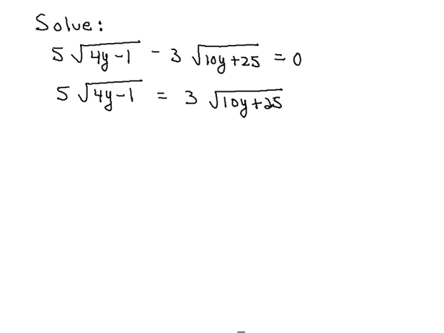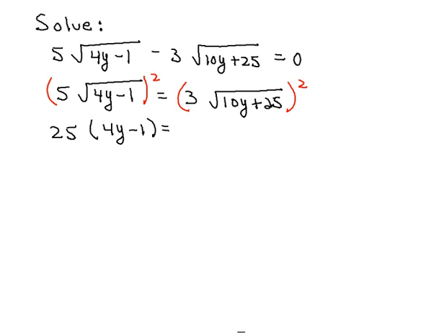What we're going to do now is to actually square both sides of the equation in the form that we see. Now, when we square the left side, you want to be careful to be sure that you square both the 5 and the square root expression. So when we do that, we'll have then 25, and then squaring the radical will produce then just 4y minus 1.